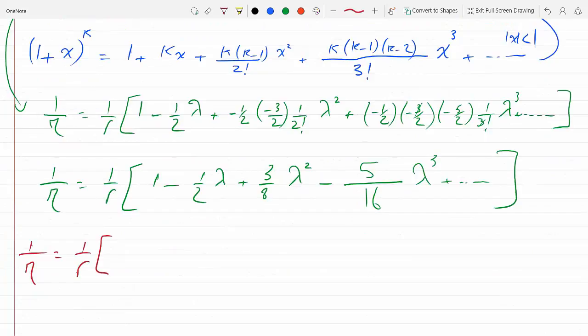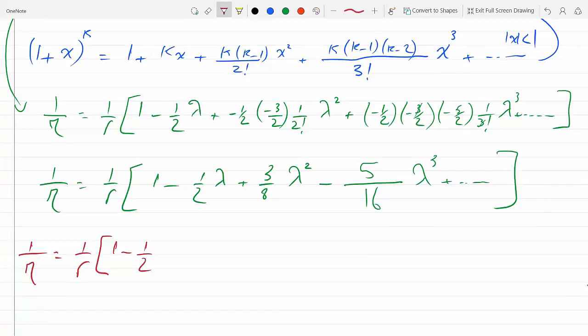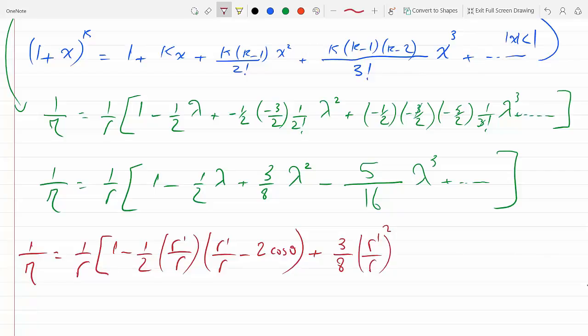So we get 1 minus 1/2, and lambda is r prime over r times r prime over r minus 2 cosine theta, plus the next term is 3 over 8, and now I have to square my terms, so r prime over r squared, and then we have r prime over r minus 2 cosine theta all squared.